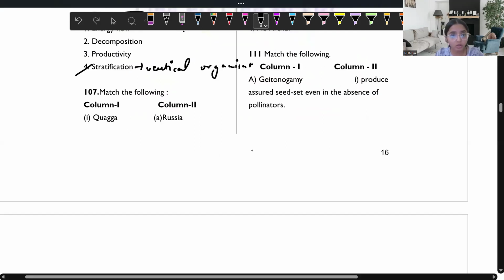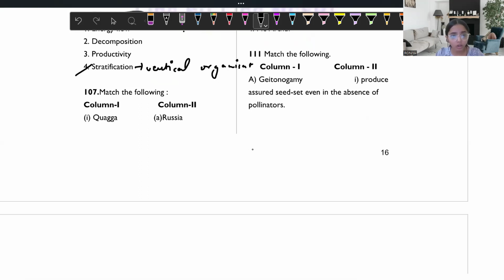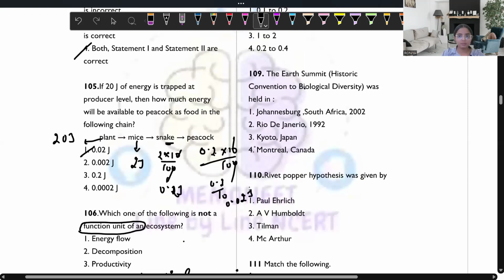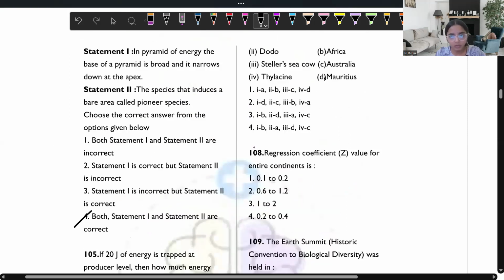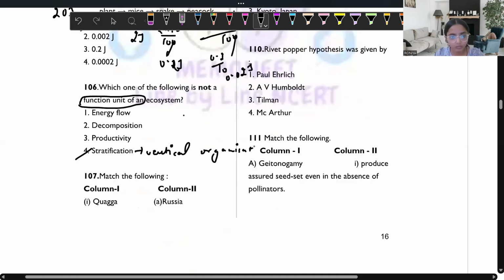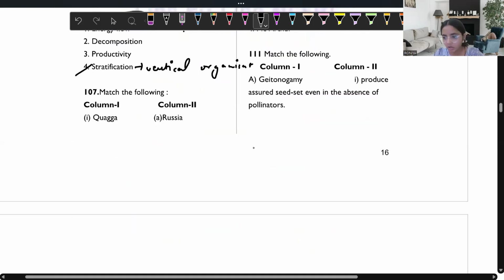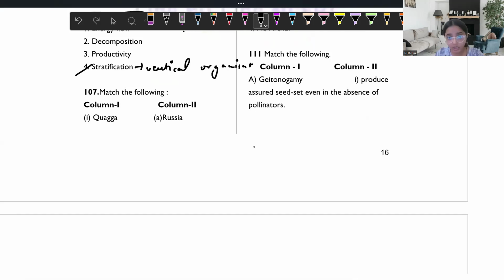Moving on to question 107. What does it say? It says column 1, column 2, match the following. So we have different organisms and areas.